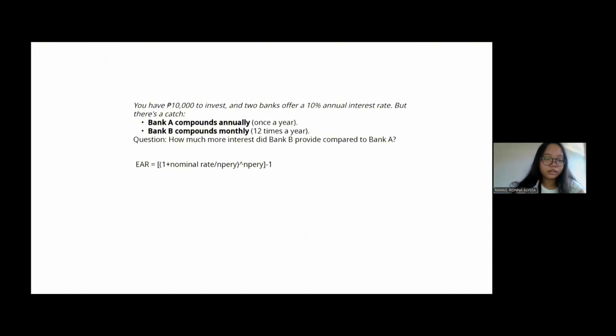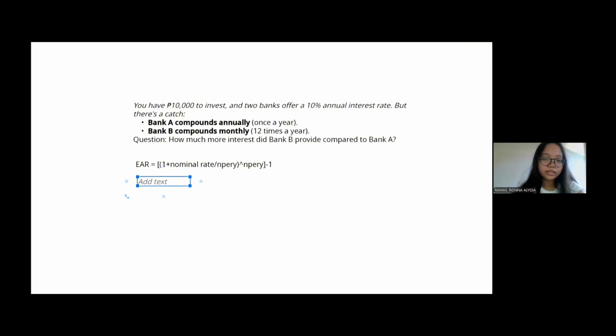So following the formula, effective annual interest rate or EAR, 1 plus nominal rate, which is 10%, over number of periods per year.